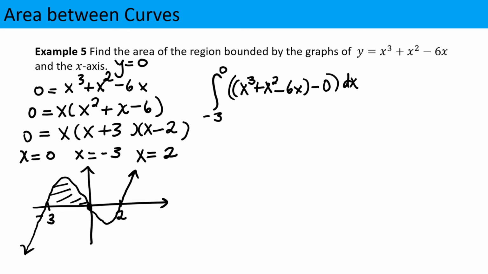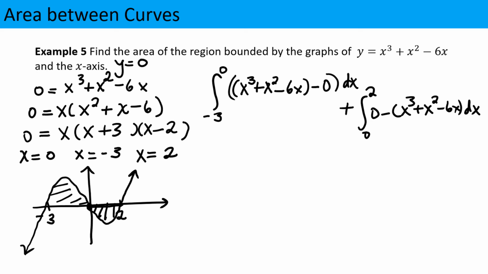Dx, and we want to add to that the area from 0 to 2, but this time the top function is the line, so we're going to have 0 minus the polynomial x cubed plus x squared minus 6x dx.